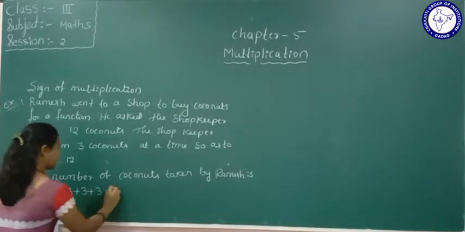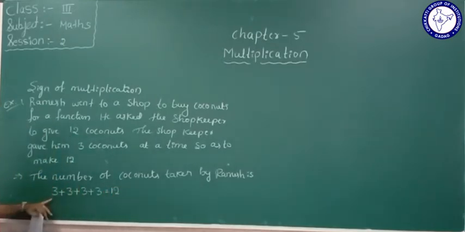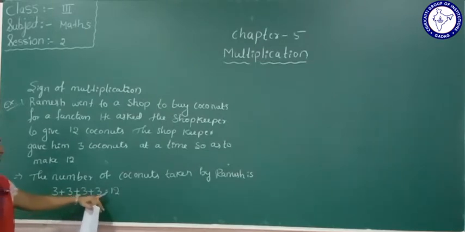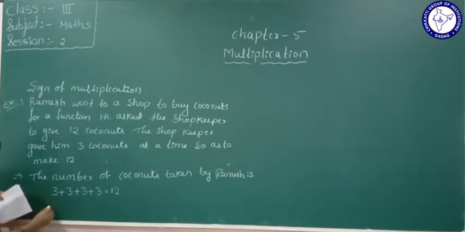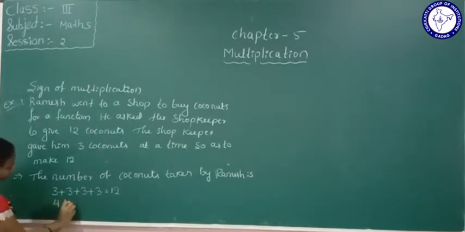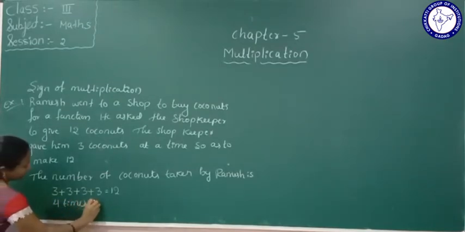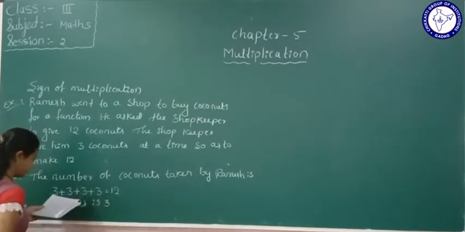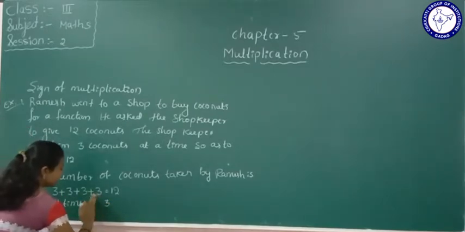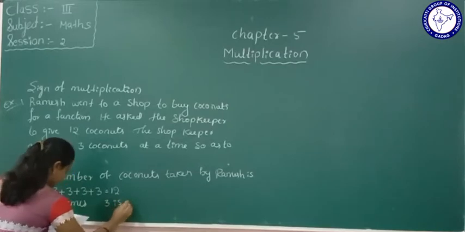Okay, so what is the total now? 12. 3 plus 3 is 6, 6 plus 3 is 9, 9 plus 3 is 12. Total 12 coconuts. So how are we writing this? See, 4 times 3 is 12.